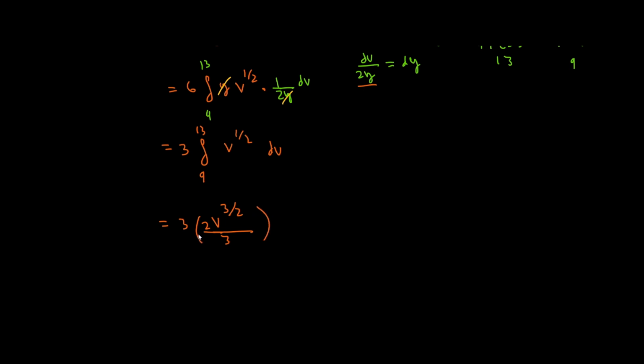We could simplify this even further. Cancel out the 3, and we're left with 2v to the 3/2.